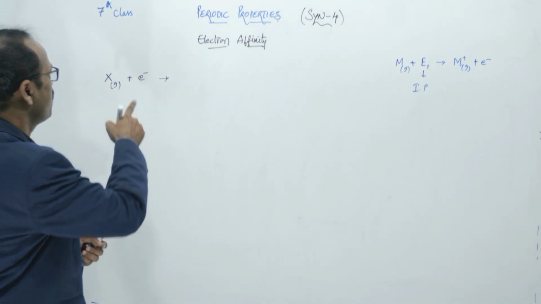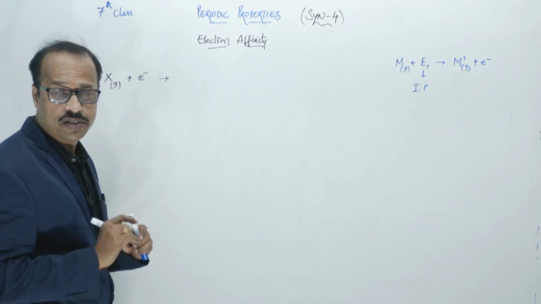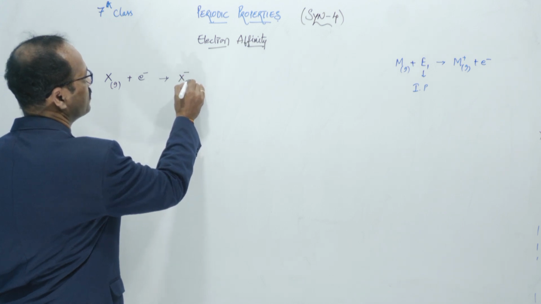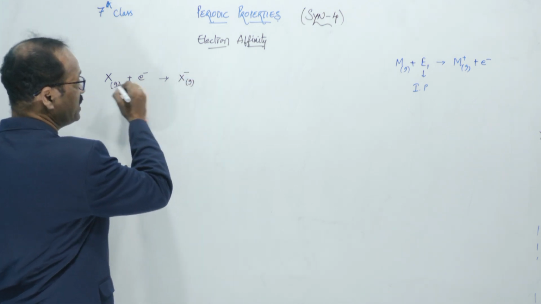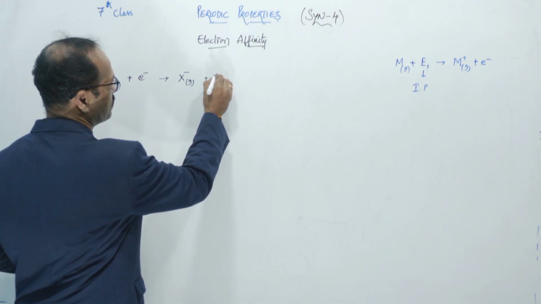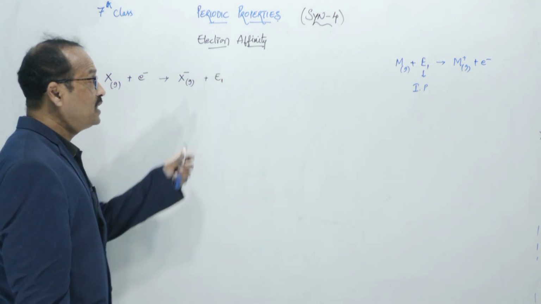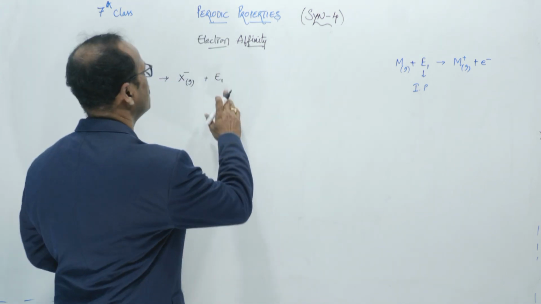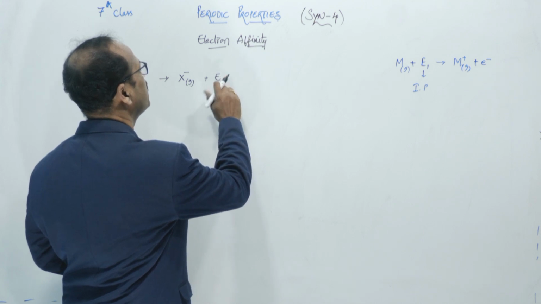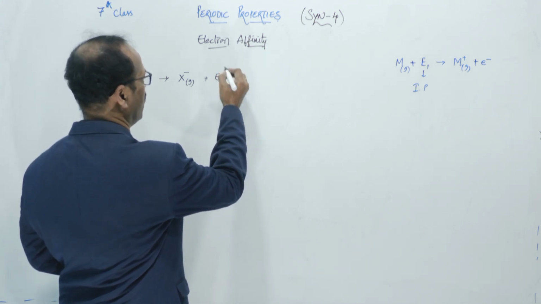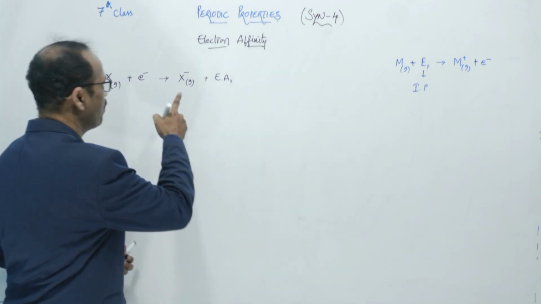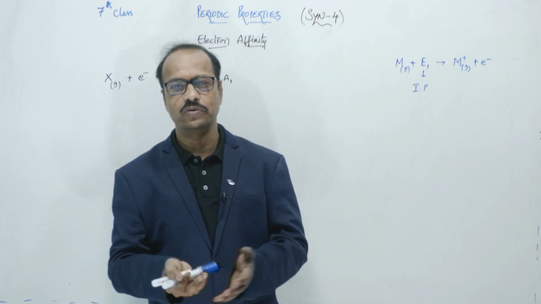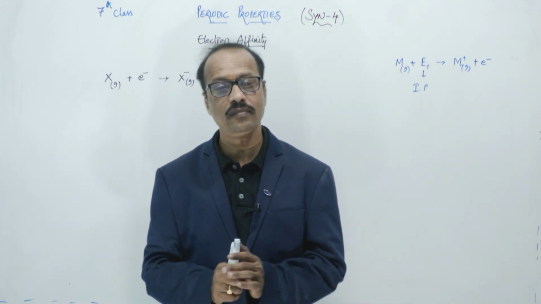When it takes an electron, a negatively charged particle, it becomes X minus, and it releases energy. This energy is called the electron affinity. I write EA1, why 1? Because I am providing the first electron to the atom, so it gives out energy. Is this clear? Any doubt?